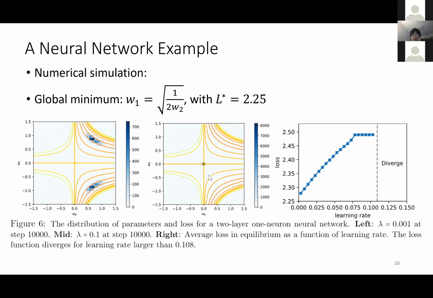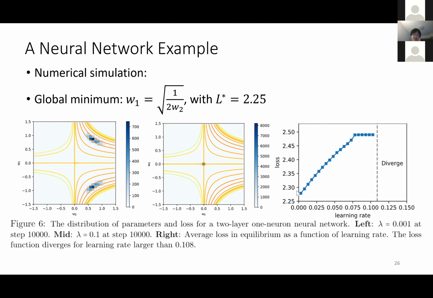On the right, we study this problem in a more systematic way, where we plot the training loss as a function of the learning rate. You see that when the learning rate is small, the model converges to the global minimum with a loss very close to 2.25.